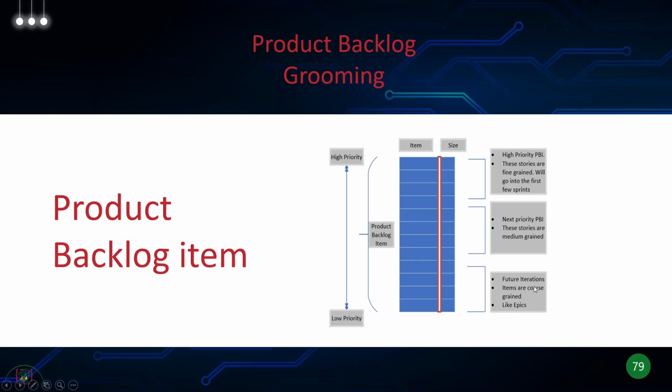And then the lowest priorities, which will be done in future iterations, are very vague, very coarse. You're not going to spend too much time on them. They're like epics because they will be done at a future time. You will spend more time on the higher priority items and maybe the next priority in as much detail as possible.